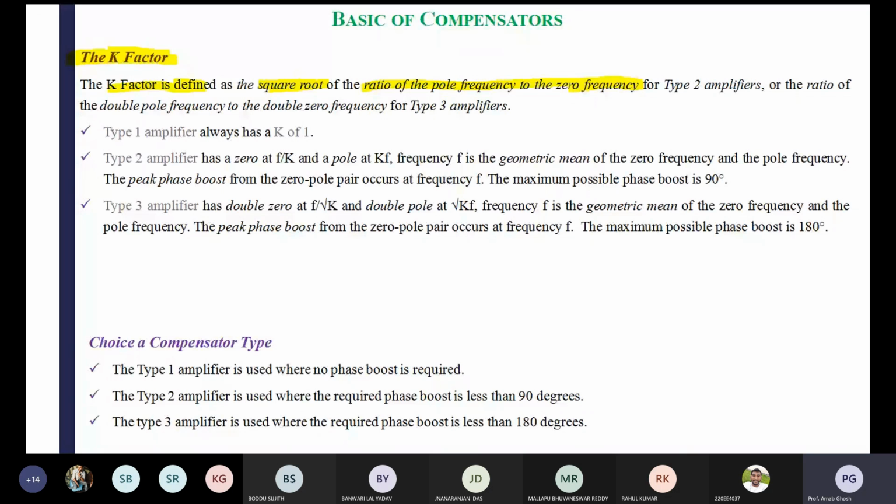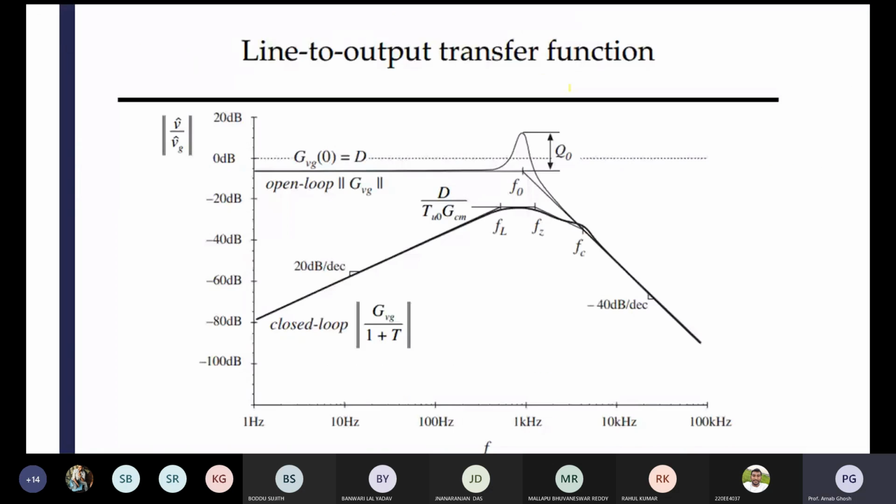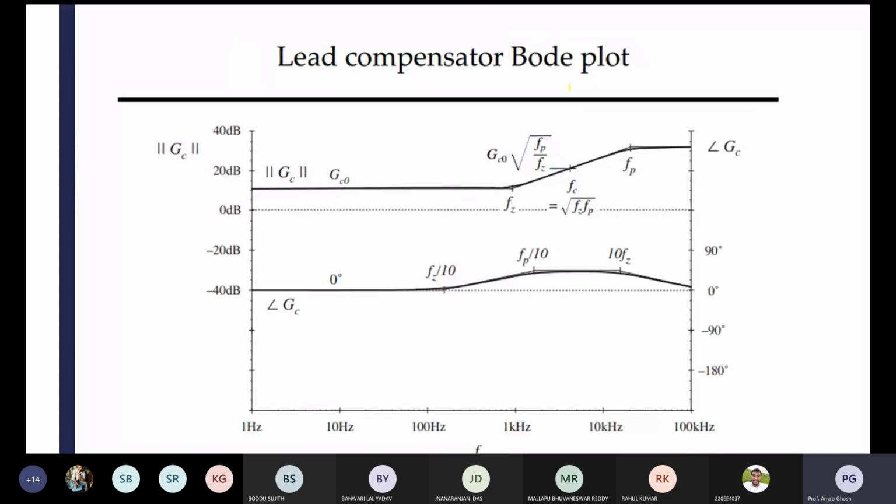Can you remember it? There I wrote root under Gc0, the value of Gc0, that is root under fp by fz. In the K factor approach, the fc value equals root under fp by fz, as discussed in my last class.